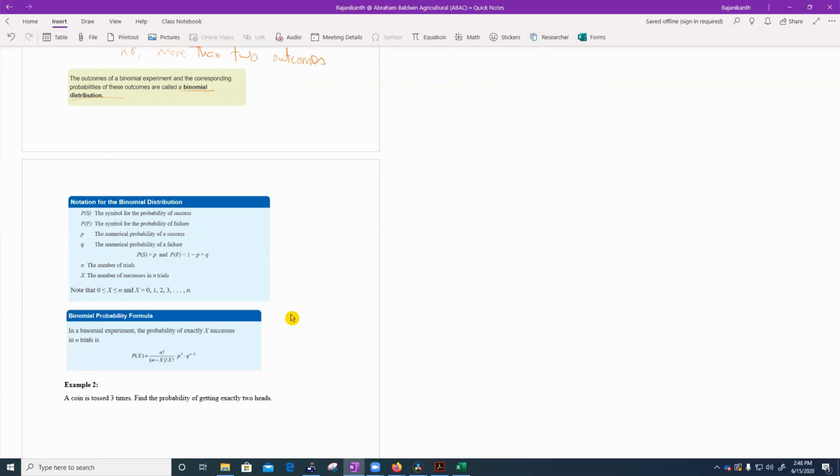What is meant by P of S? P of S is the symbol for the probability of success. So S stands for success, and F stands for failure.